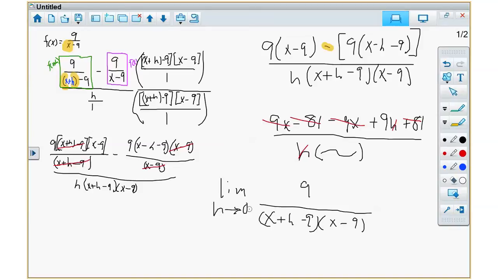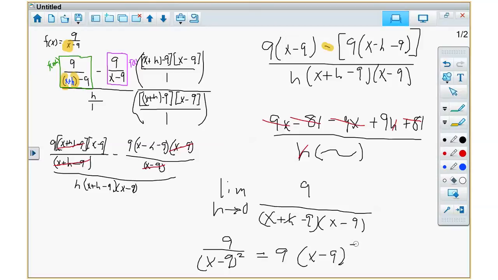There's only one h, so that goes what? Goes out. And we got x minus 9 times x minus 9, which is? So we got 9 over x minus 9 quantity squared, which is equal to 9 times x minus 9 to the negative 2 power.